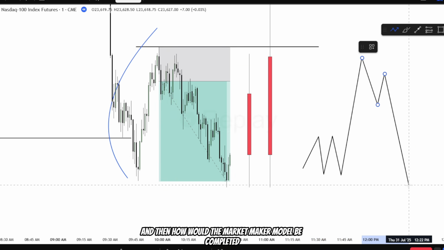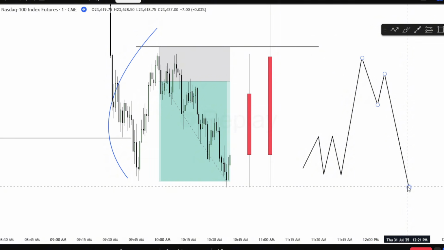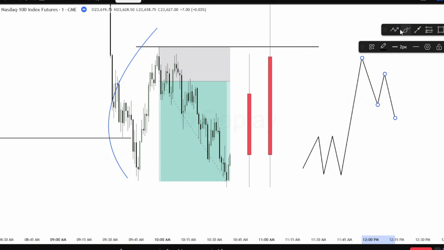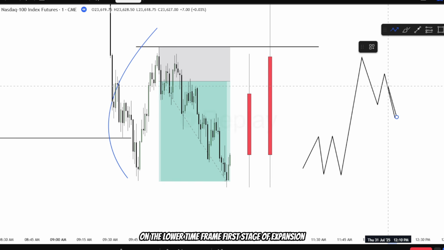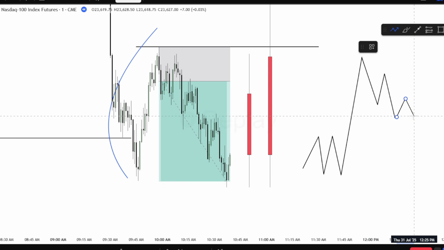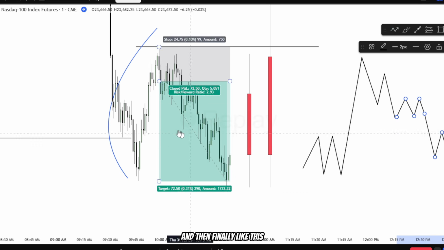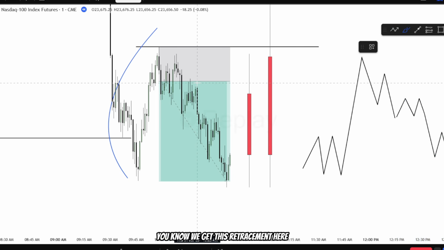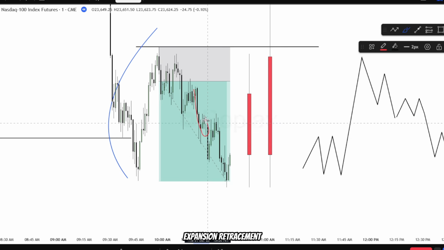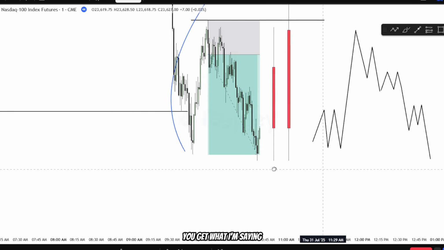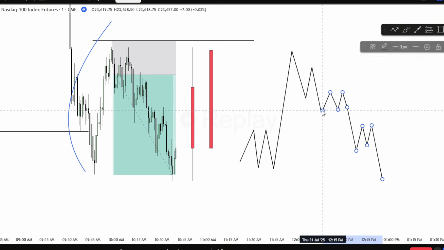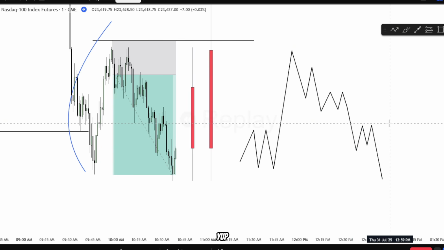And then how would the market maker model be completed? On the lower time frame, first stage of expansion, then something like this, then like this, then like this, and then finally like this. And this is exactly how it plays out. We get this retracement here, expansion, retracement, and then expansion. You get what I'm saying? Yep.